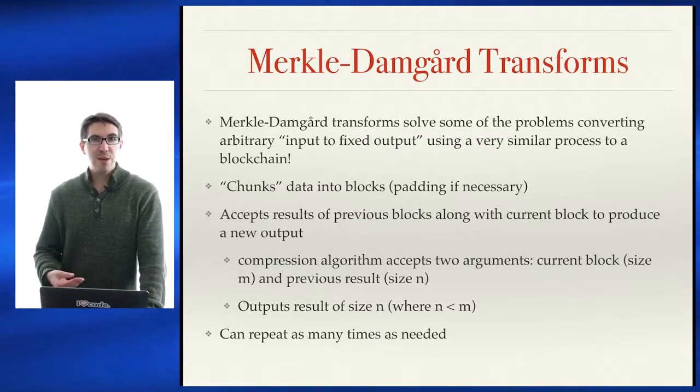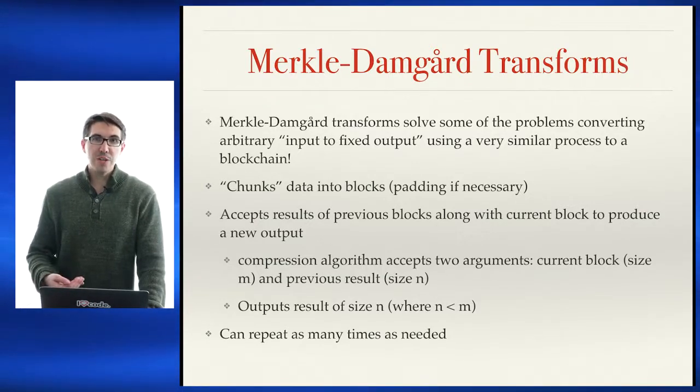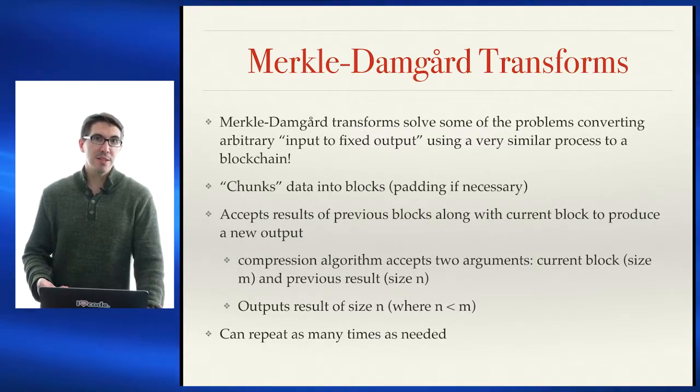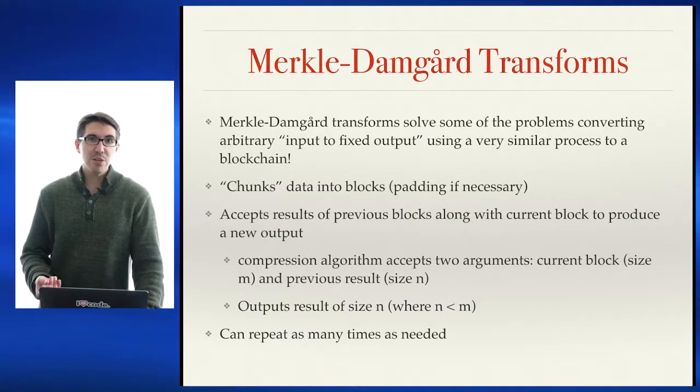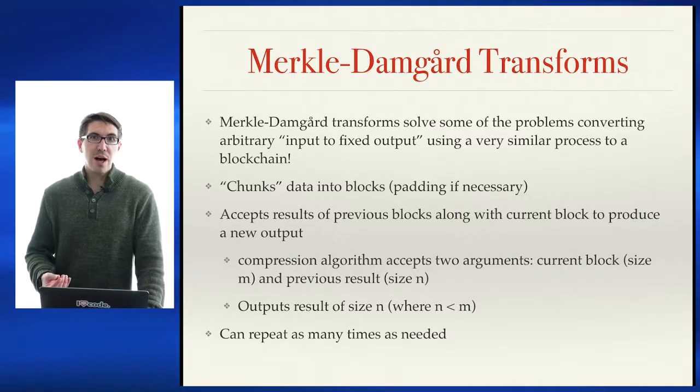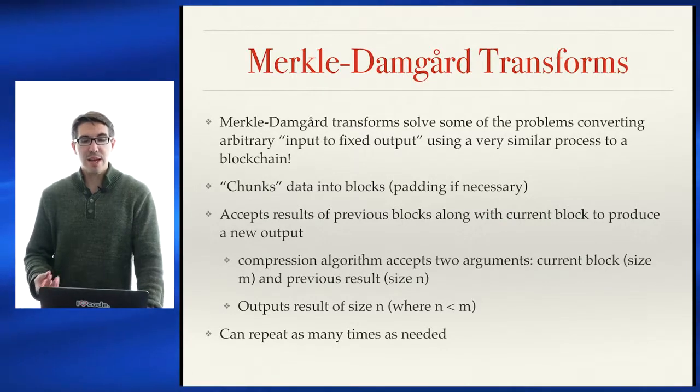So for example, every 8 characters or 512 characters or whatever n characters will be chunked into a block. If there is remaining space, for example, assume we have 8 character blocks and we have 20 characters that we wish to put into a hash, then we will pad this final block with an additional 4 characters. And that way we can create 3 8-character blocks.